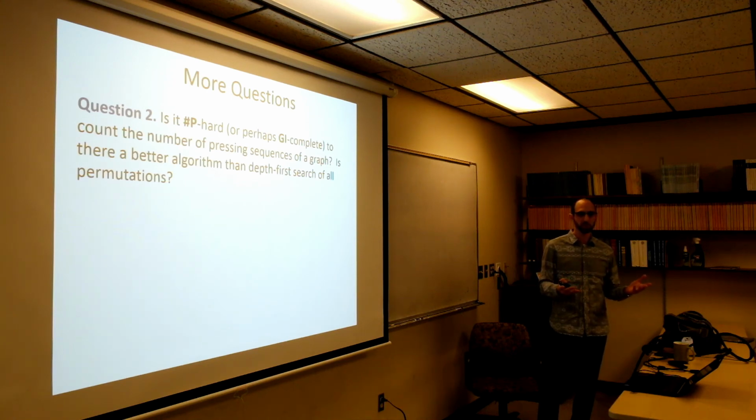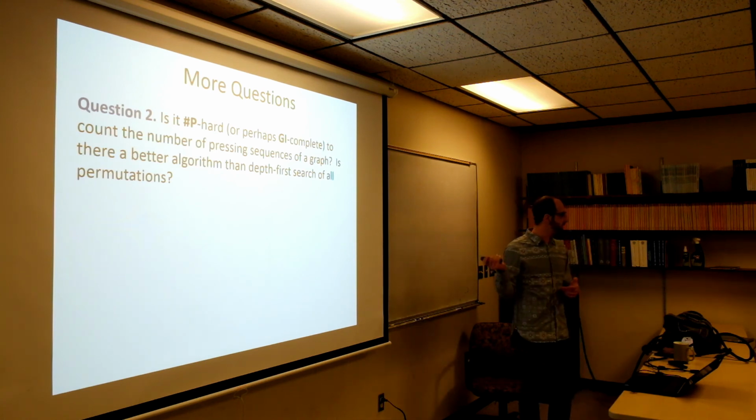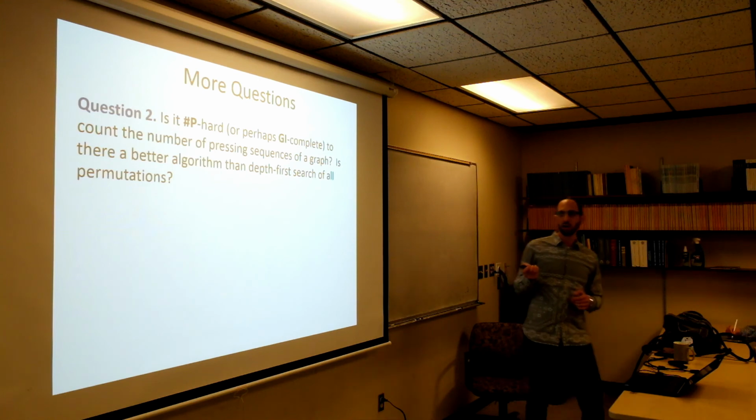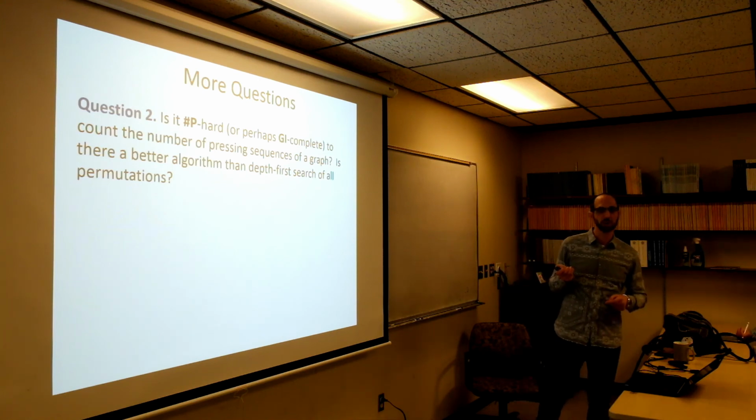These are all equivalent problems. They're GI complete. But because there are some automorphisms involved there, we thought for a while maybe this problem is GI complete. Now I'm fairly convinced that it's #P hard.